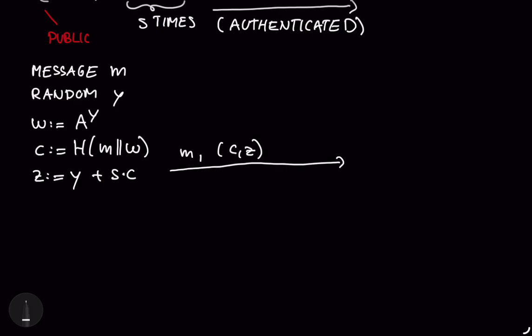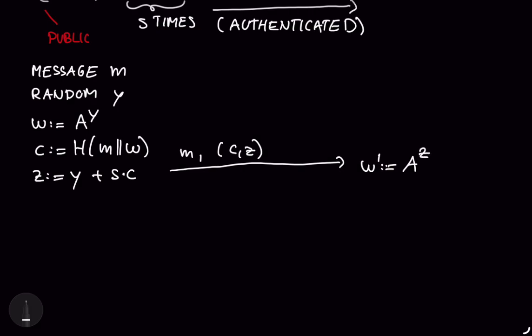And Bob now has to verify the signature, and this can be done the following way. We just write it down. Afterwards, we will also prove that this is valid. So what happens?